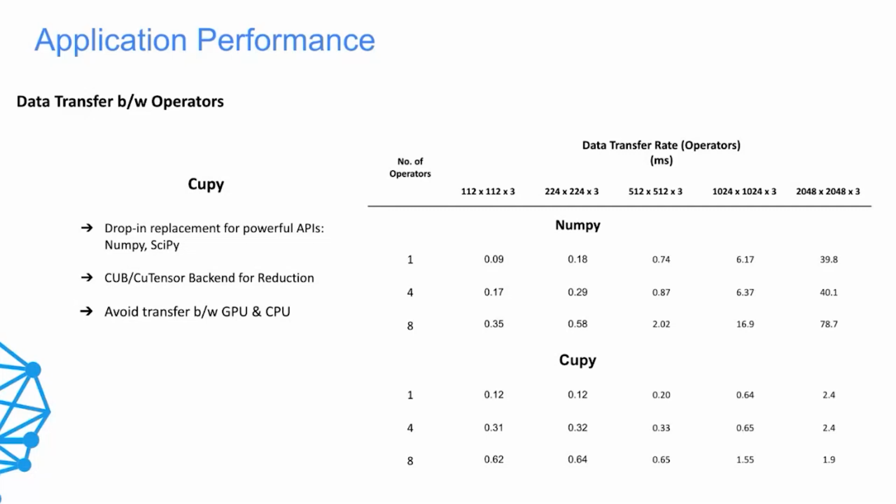As long as the data remains in GPU, there will be fewer copies created and there will be faster communication. Here we can see a significant difference as we reach higher numbers in terms of image size. We see a vast difference in the time consumed for transferring the data between operators.